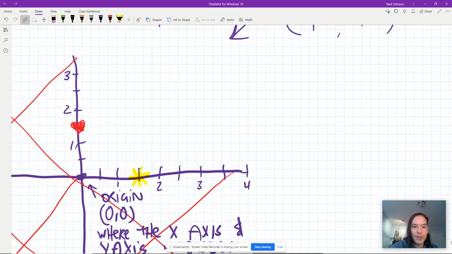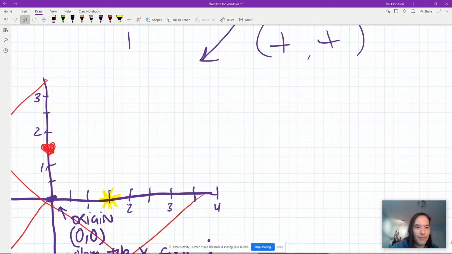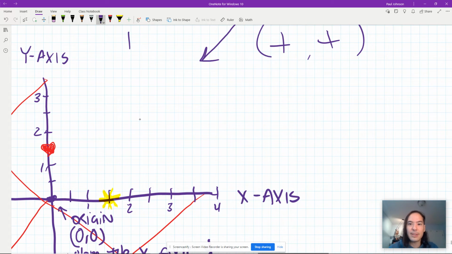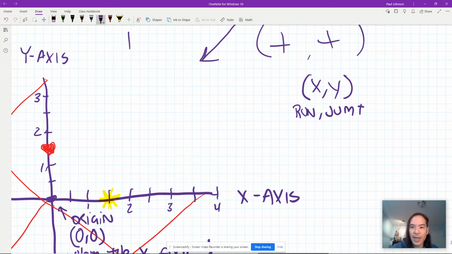All right, so both of these are on 1 and a half, but remember, these lines have a special name. When you're looking at your vertical axis, it is your y-axis. When you're looking at your horizontal axis, it is your x-axis. Remember, all coordinates will come in this xy format. So the first number means you run on the x-axis.